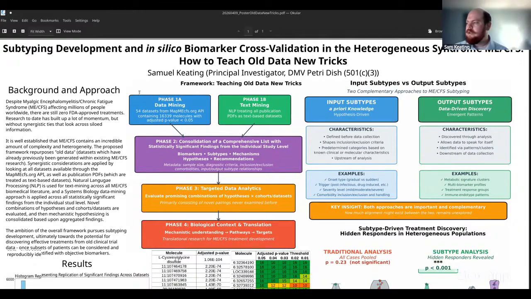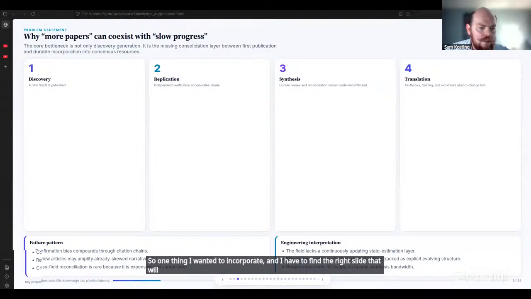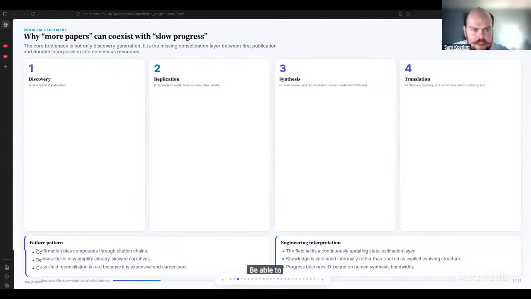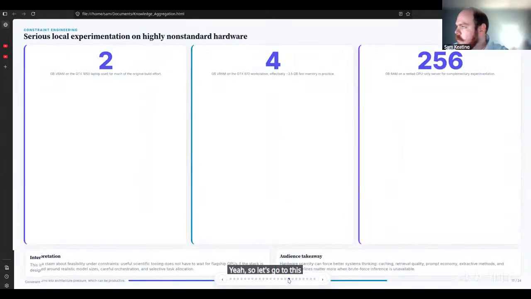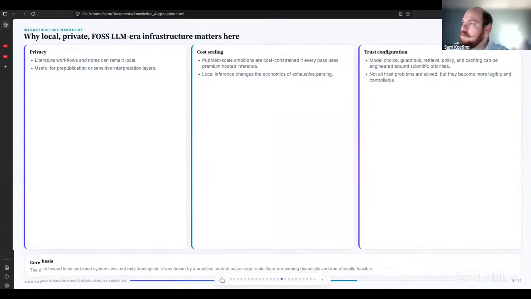So one thing I wanted to incorporate, and I have to find the right slide that will be able to demonstrate this the best. One second here. Yeah, so let's go to this slide. Okay.